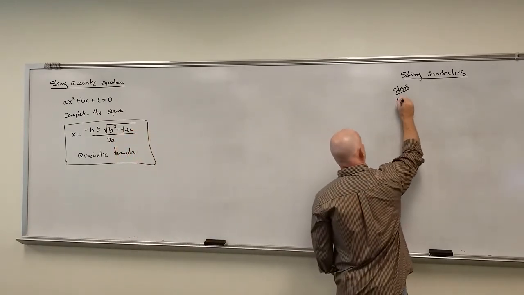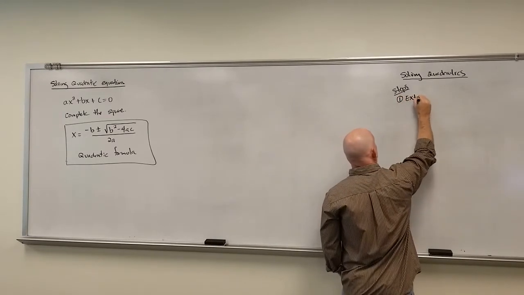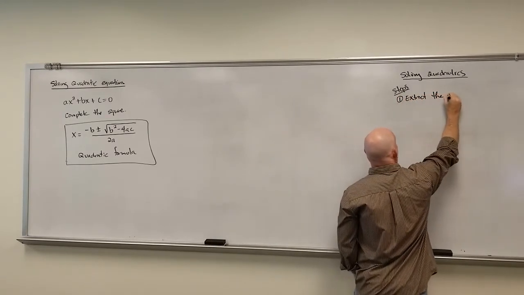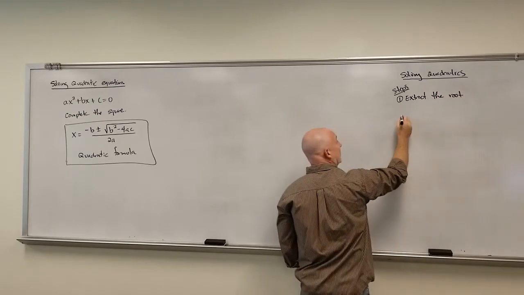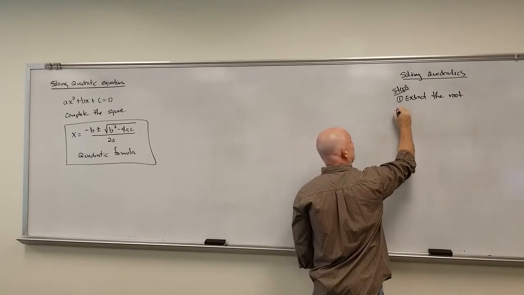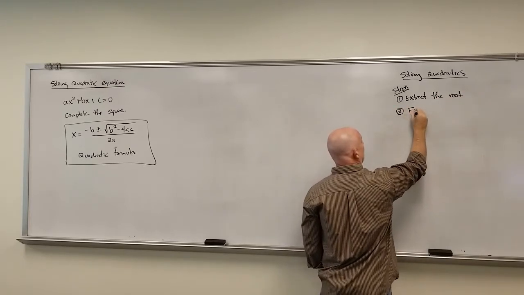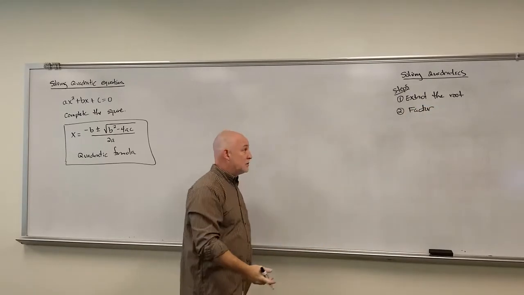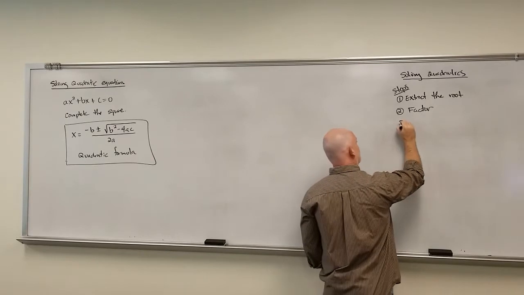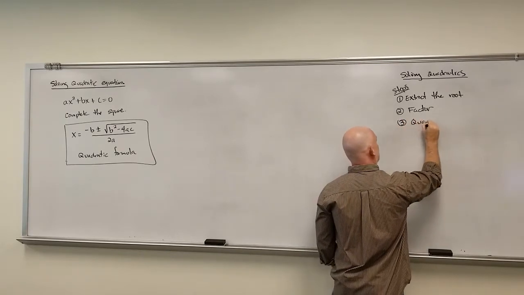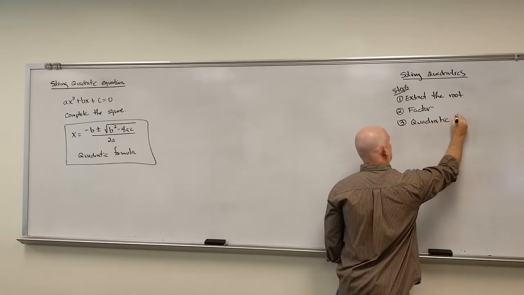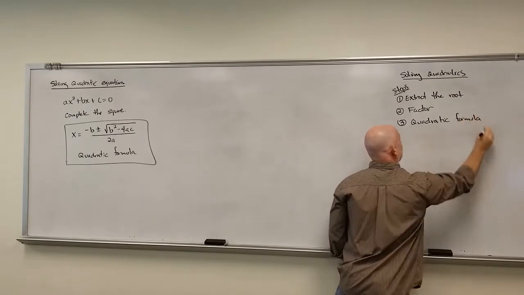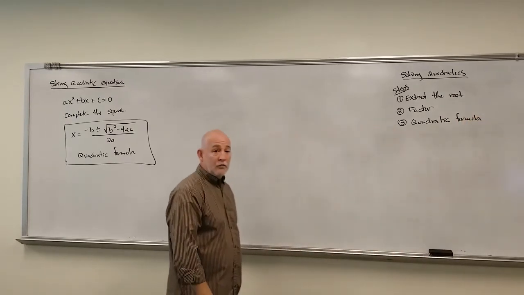You're always going to want to try to extract the root. However, we saw that you can't always do that. The next thing you're going to want to try is factoring. Unfortunately, you can't always do that. But here's the good news. The quadratic formula always works.